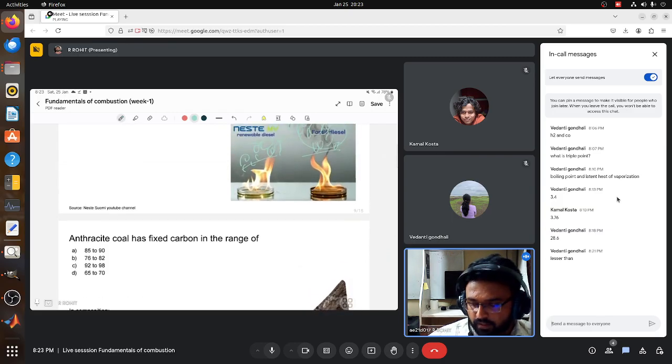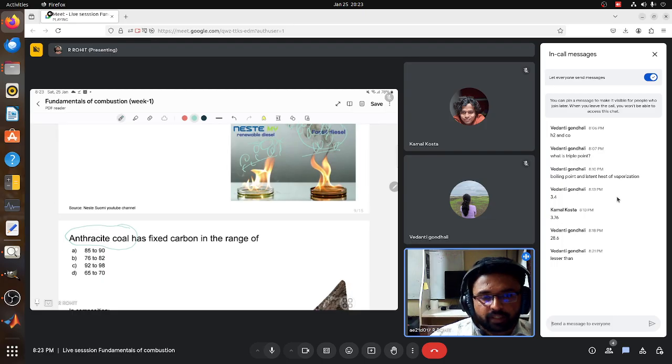The next question is, anthracite coal has fixed carbon in the range of 85 to 95 percent carbon, or 76 to 82 percent of carbon, 92 to 98 percent of carbon, or 65 to 70 percent of carbon. It's important that you know what anthracite coal is, so that's why I have kept this question.